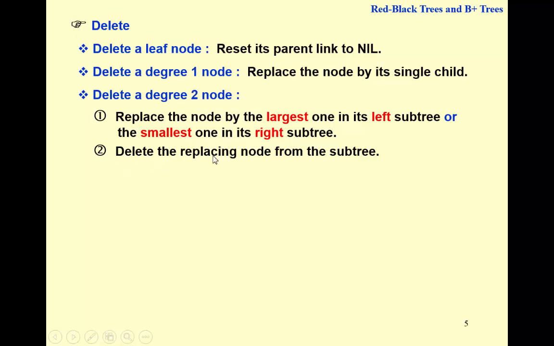So we just continue to delete a degree 1 node in the worst case. And to delete a degree 1 node is to replace this node by a single child. And eventually we're going to end up at deleting a leaf node and simply to reset its parent link to nil. But in the AVL tree, by deleting one leaf node, it might cause a subtree being unbalanced.